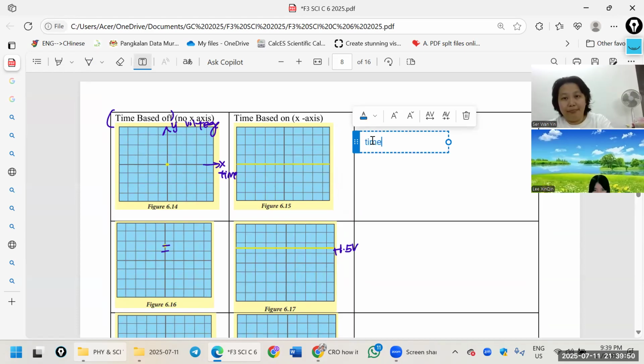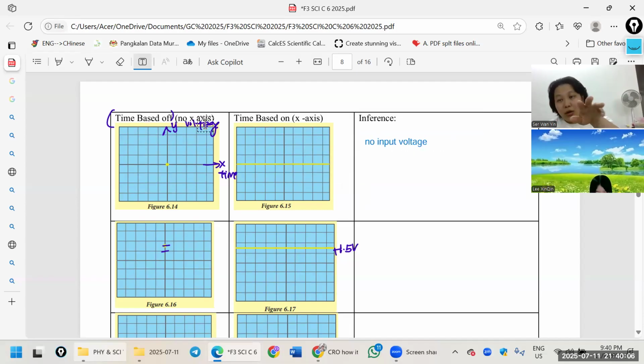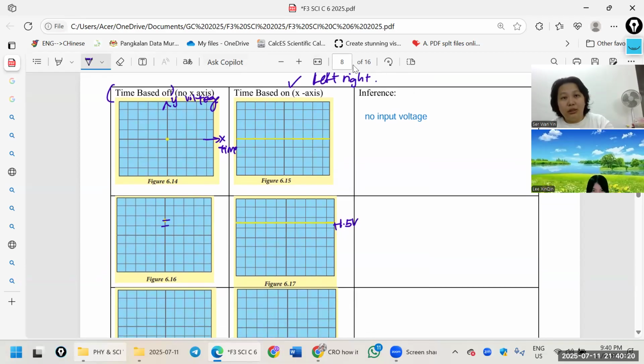The line is on the x-axis, meaning no input voltage. Time base off means you cannot see it move left, right. Time base on means you can see the line move left, right now. So this one has no input voltage.